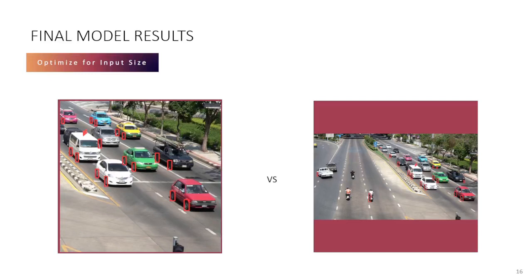I trained on a square size because square can minimize the amount of padding that needs to be added to a rectangular image, but the problem is still going to arise when you use a rectangular image where the content within it is small. And in this case, it will be problematic.